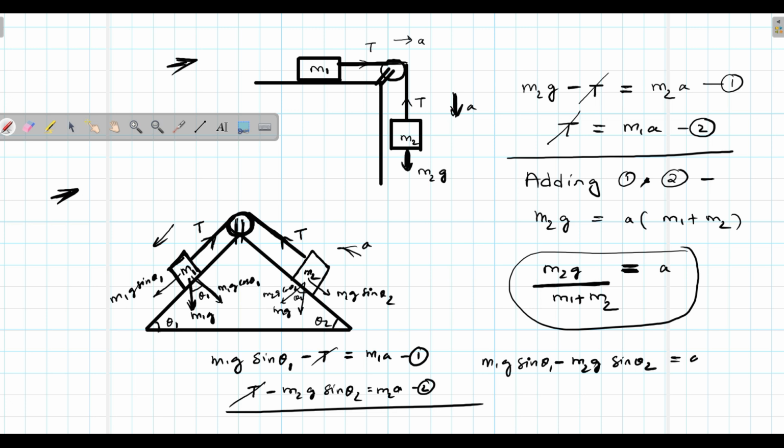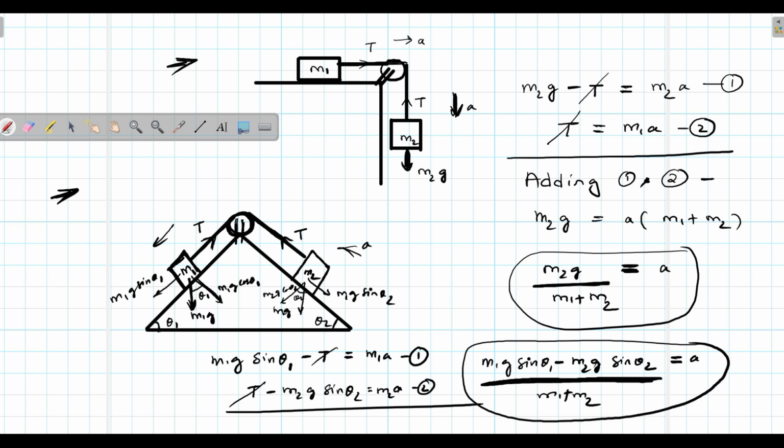So that is the acceleration. Acceleration equals M1G sin theta 1 minus M2G sin theta 2 divided by M1 plus M2.